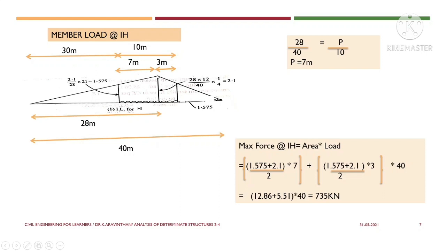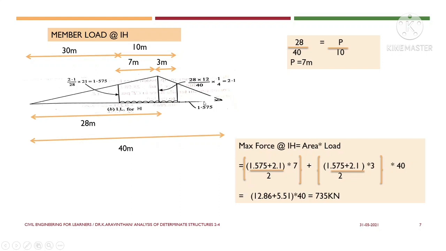You require it at a distance of 7 meter from the point I. So 28 minus 7 will be 21. So you can use the vertical by horizontal ratio. For 2.1 vertical, the horizontal is 28. So 2.1 by 28, and for 21 meter horizontal, what is the vertical? If you multiply that, you will be getting 1.575.